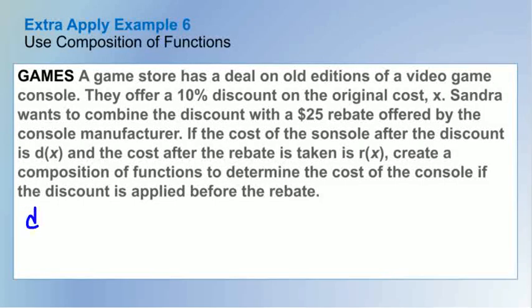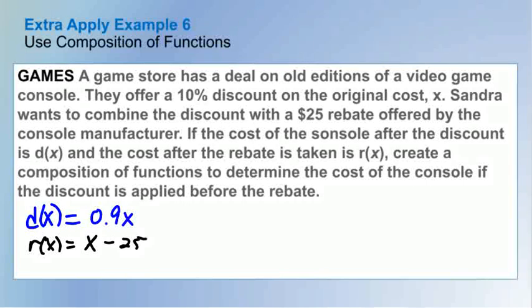So I have D of X equaling, so the discount is 10%. That means you're paying 90% or 0.9 of the cost. And now the rebate, R of X, would be X, the price, then minus $25. So you get that $25 back.